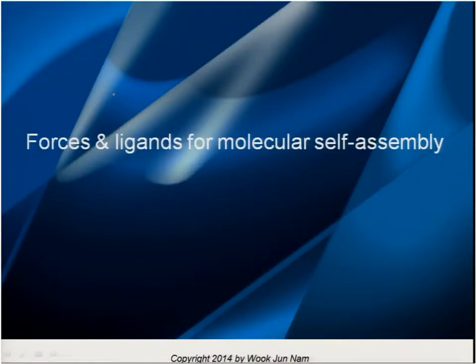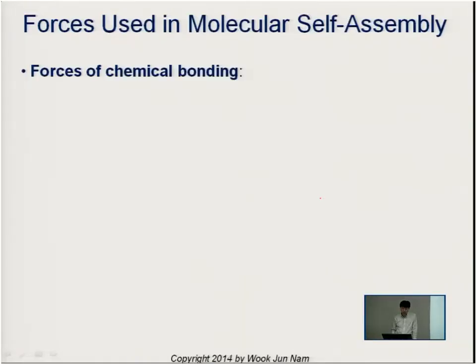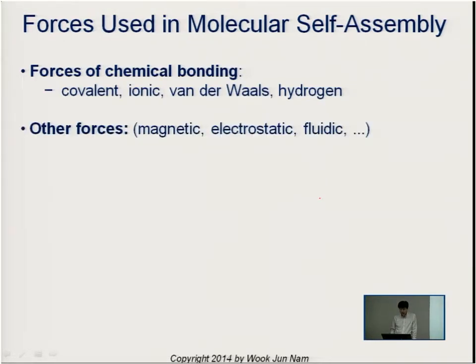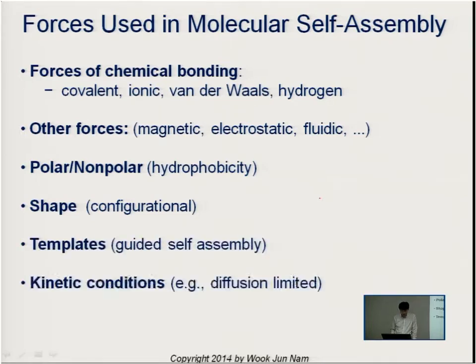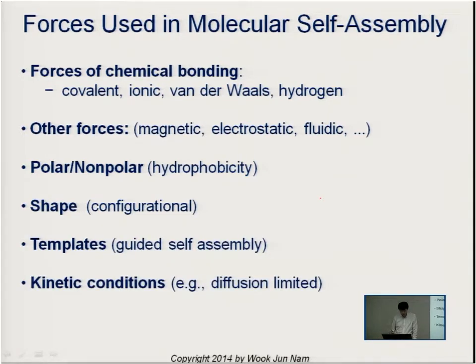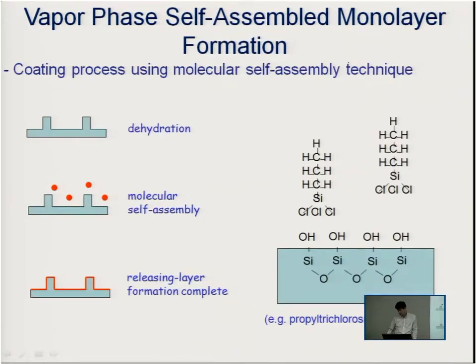So here are the forces and ligands for molecular self-assembly. The forces are chemical bonding, other forces like electrostatic or magnetic forces, and, like in a lipid bilayer, polarity and shape, and templates. These can be forces driving the molecular self-assembly process.